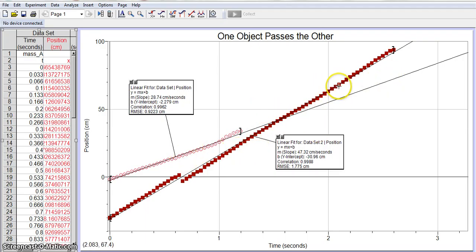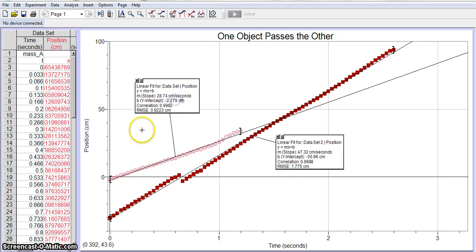But with the best fit line, we're able to extrapolate that. And you can see here when these lines cross, this is where the two cars would cross, and we don't actually have that data, but from the previous data we're able to get the speed because it was traveling in a steady motion. So I'll just get into what the graph means.